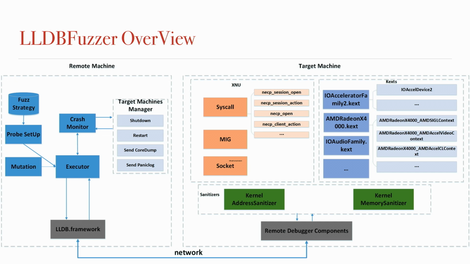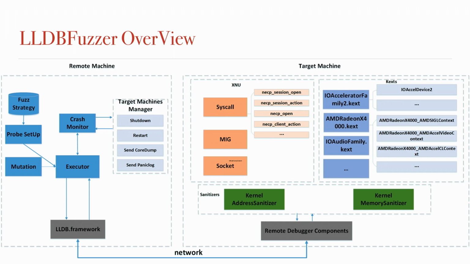When the target point is hit, based on the debug mechanism of LLDB, the control execution is transferred to the executor. And as our fuzz strategy, we will try to mutate or taint the input buffer from the user mode so as to cause the target kernel module to crash in the later execution.